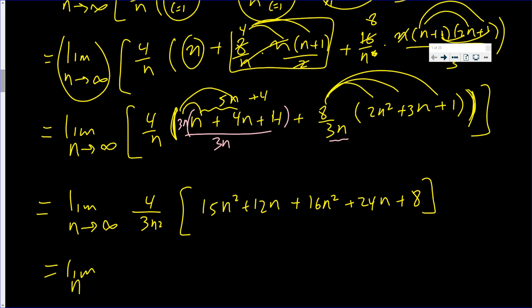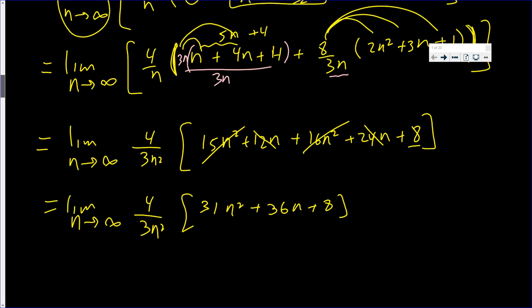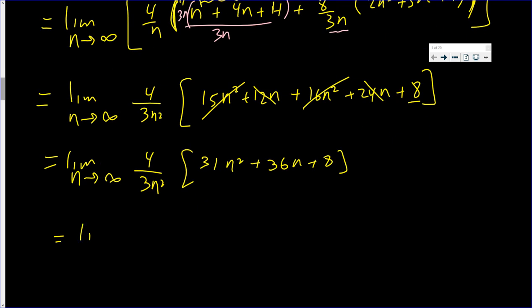This is the limit as n goes to infinity of 4 over 3n squared. We have 15n squared, and I'm adding 16 more. That's our 31n squared plus 36n. Don't forget the plus 8. Okay, let us just distribute the 4 and realize the whole mess is going to be all over 3n squared.